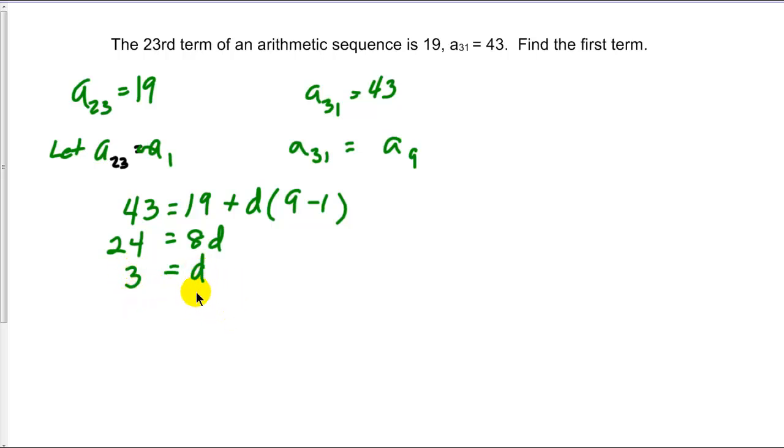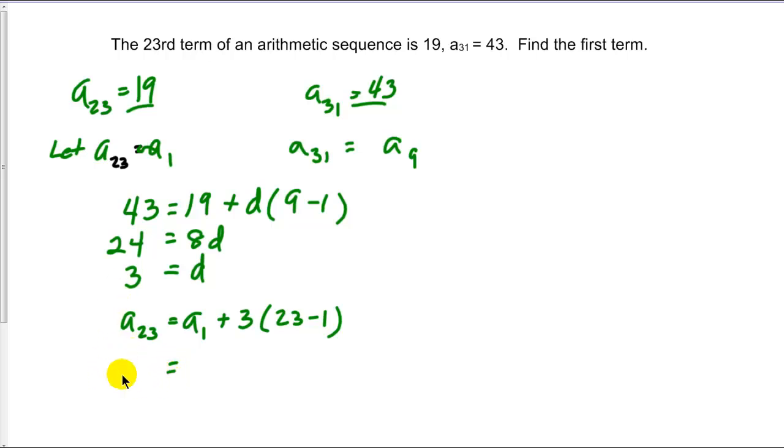Then once I have a common difference of 3, I can go back and say, all right, well, I know my difference is 3 and I can use either one of these two terms. I'll say my 23rd term is equal to my first term plus my difference of 3 times 23 minus 1.